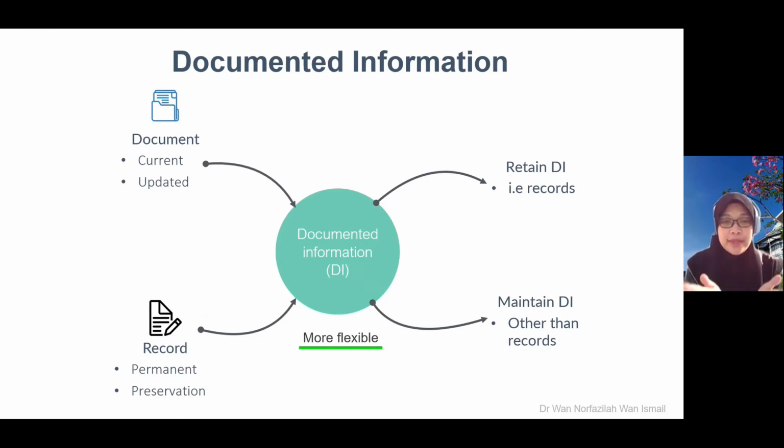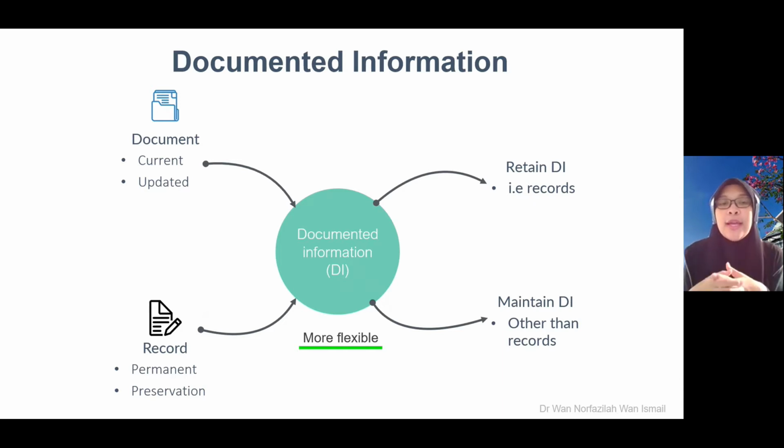But now for documented information, this leader can put the objective anywhere. Dia boleh framekan objektif tu letak kat dinding, ataupun letak dekat employee ID tu, you gantung ID you kan. Dia ada casing, casing dia tu kat belakang boleh supply the objective of the company to their employee, buat sama besar macam ID, letak dalam casing yang sama.